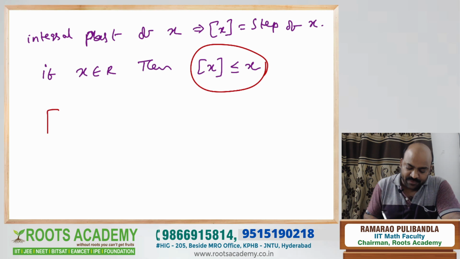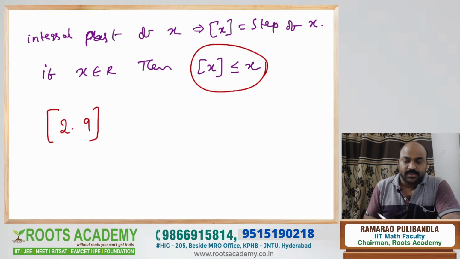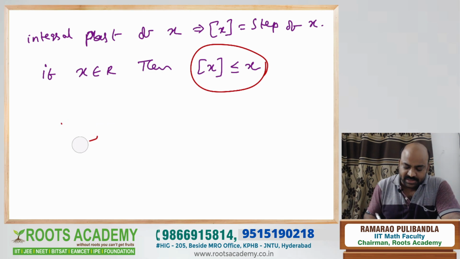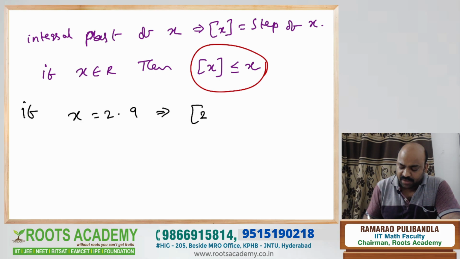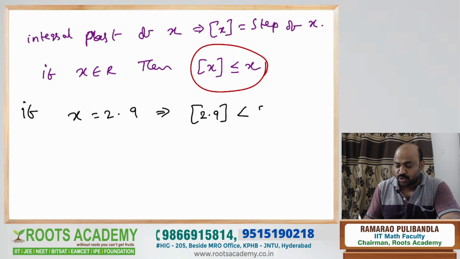Example, if I want step of 2.9, otherwise, if I am taking x is 2.9, this implies step of 2.9 should be less than or equal to 2.9.